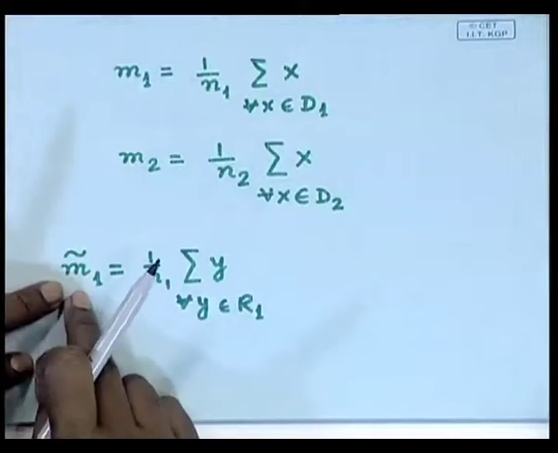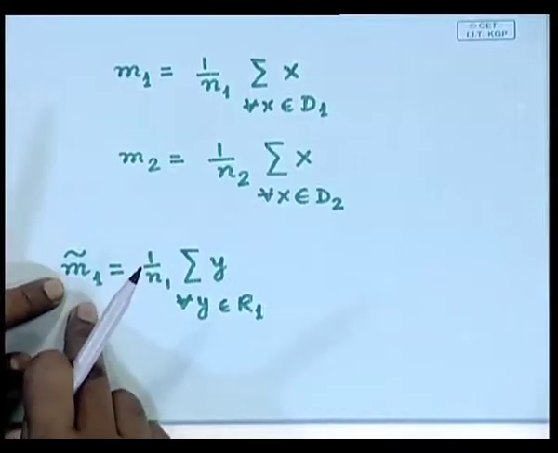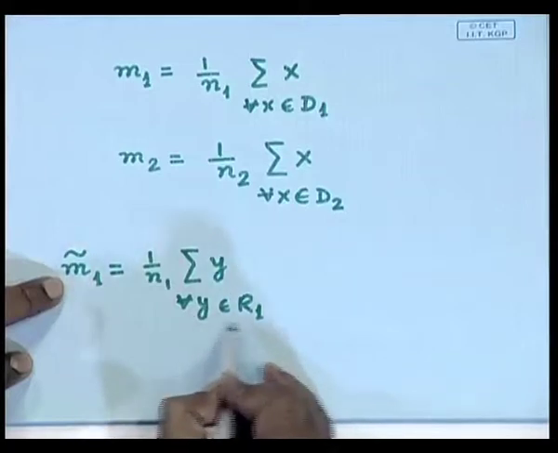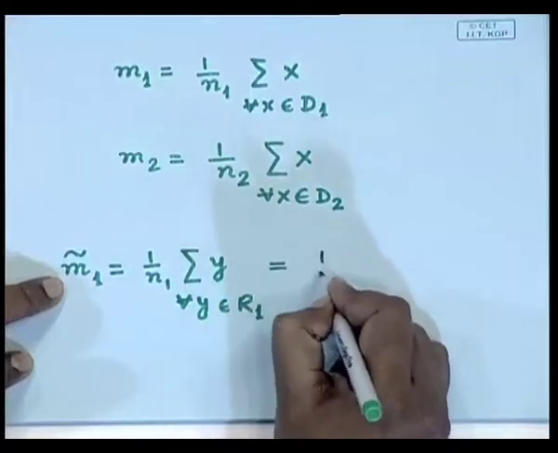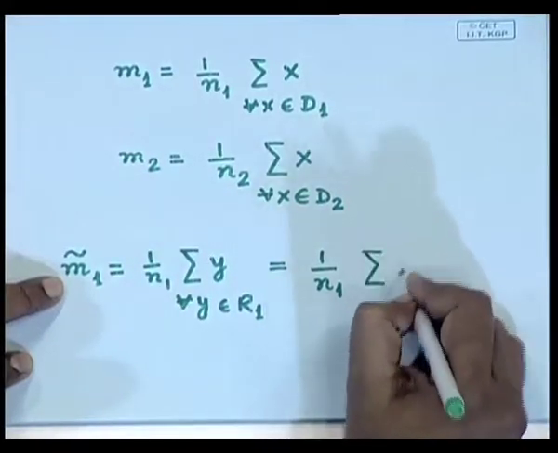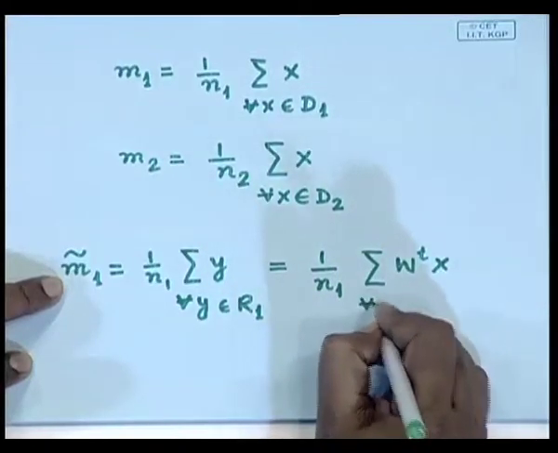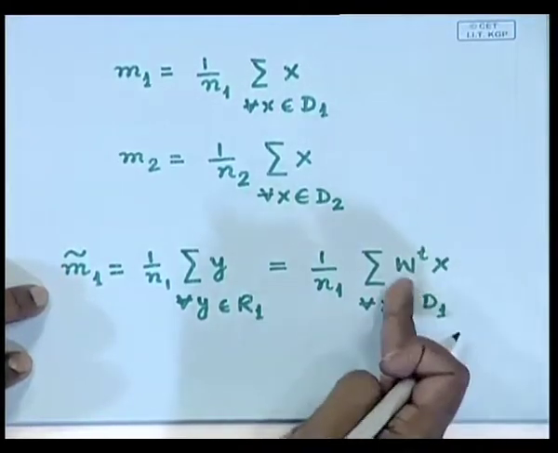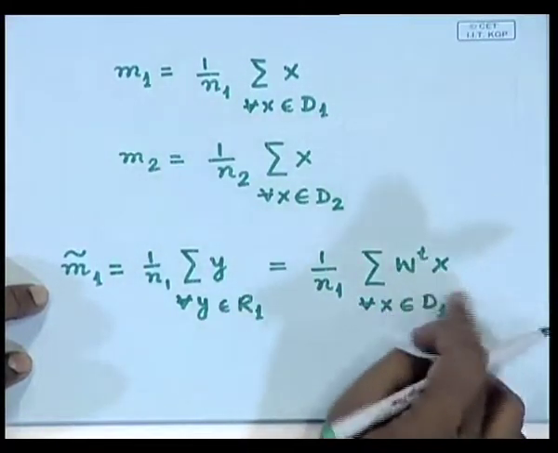So, here M 1 tilde, which is the projected mean, is 1 upon N 1 sum of y for all y belonging to R 1, and this is 1 upon N 1 summation of W transpose x for all x belonging to set D 1. I can take this W transpose out of the summation, because it does not depend upon the samples.